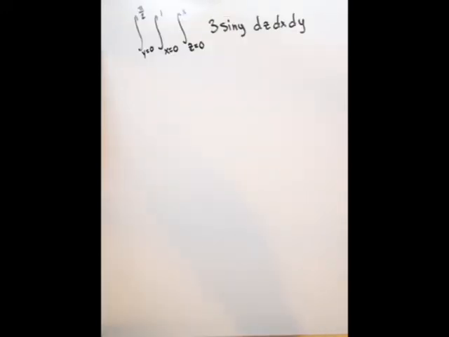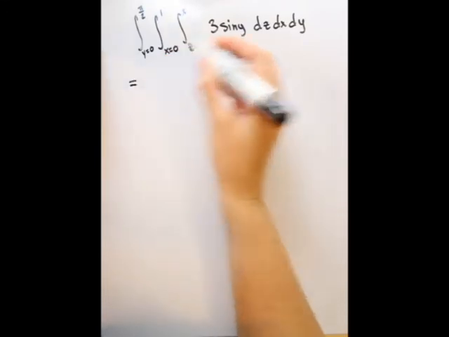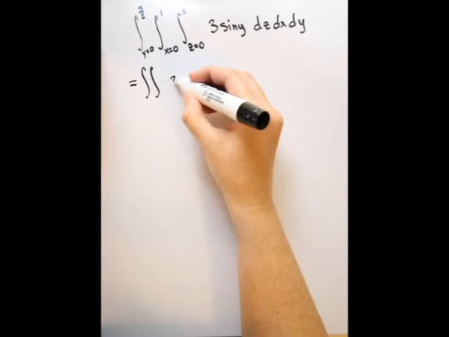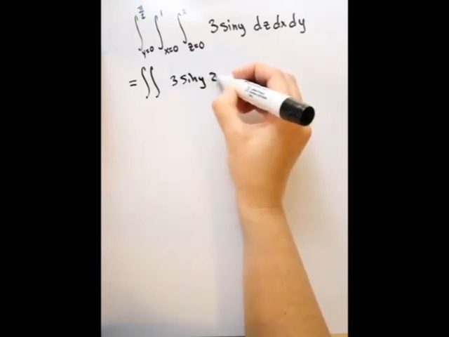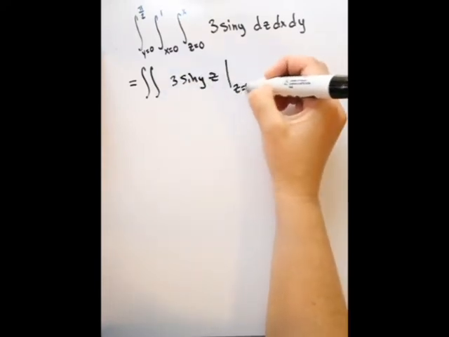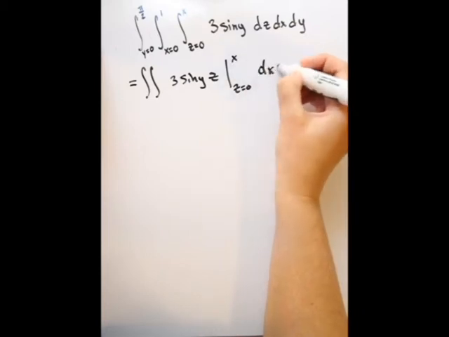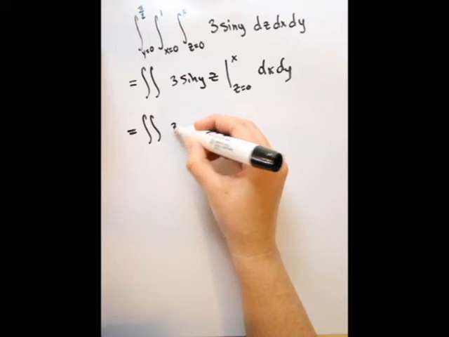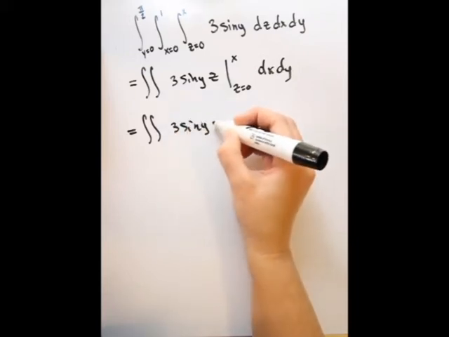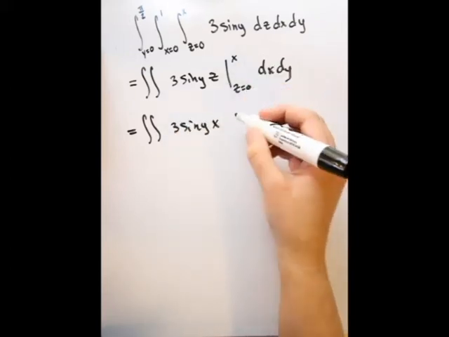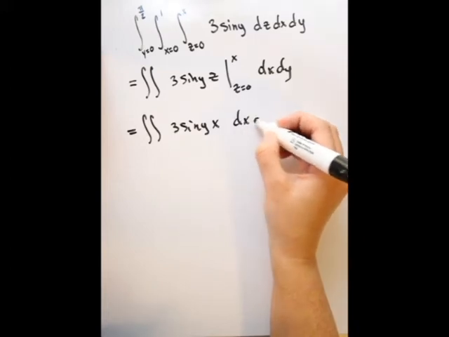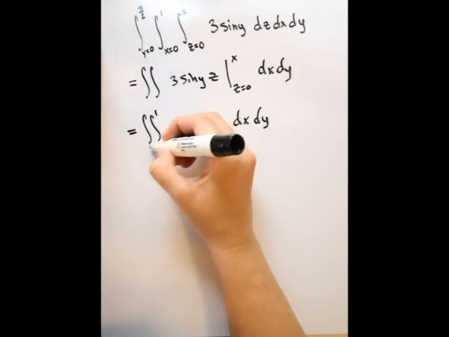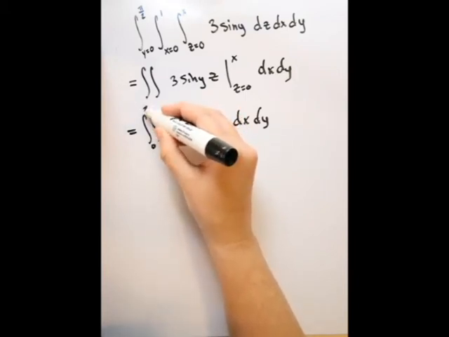Okay? So for our integration, first we're going to look at z. So integrating with respect to z first, we have 3 sine y times z from z equals 0 to x. Now what that gives us is 3 sine y x, it's going to be minus 0, so we don't have to write that, and then dx dy. And then let's put our limits back on. x was from 0 to 1, y was from 0 to pi over 2.